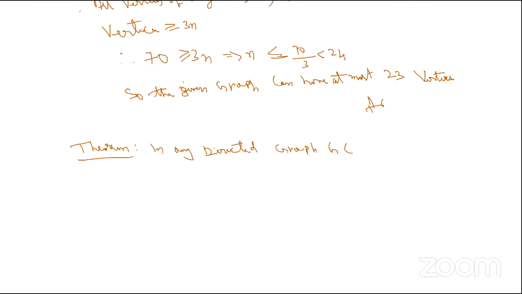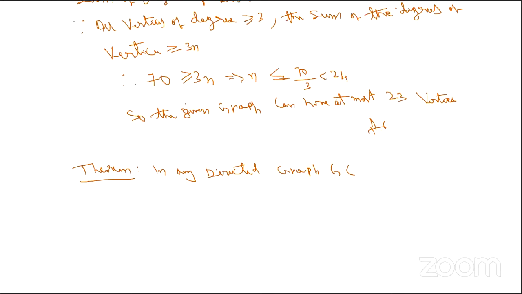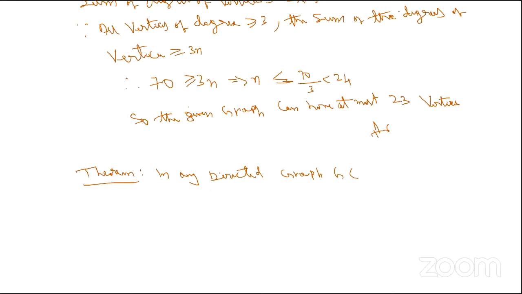You are asking about 23. Because 70 by 3 means 23 point something. That is less than 24.